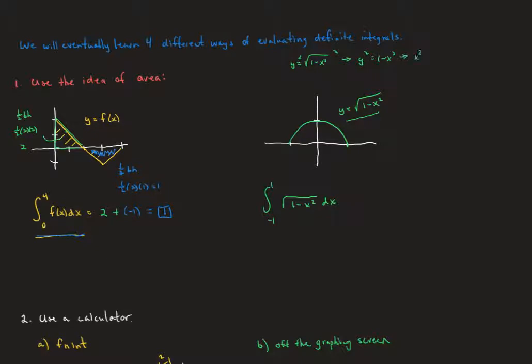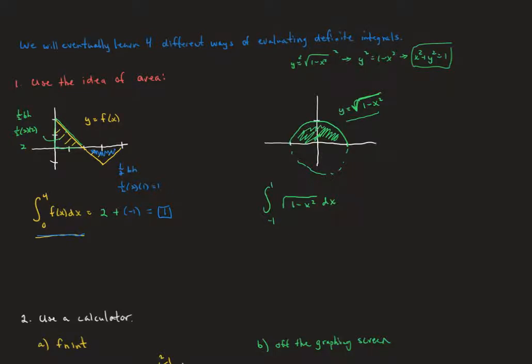And if we add x squared to both sides, you may better recognize this as being a circle centered at the origin with radius 1. When we have y equals the square root of that, we get the top half of that full circle. We're not including the part below there. That's not a function. So we are talking now about the area between the curve and the x-axis.